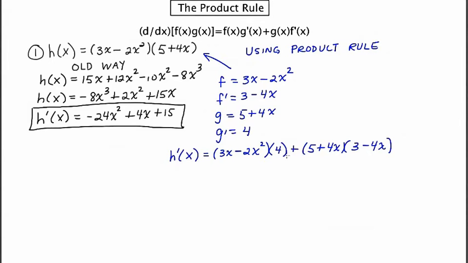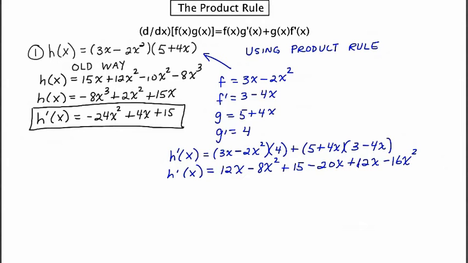So I'm going to distribute, FOIL, combine like terms, and hopefully it'll look like the problem that I did the first way. So we get 12x minus 8x squared plus 15 minus 20x plus 12x minus 16x squared.